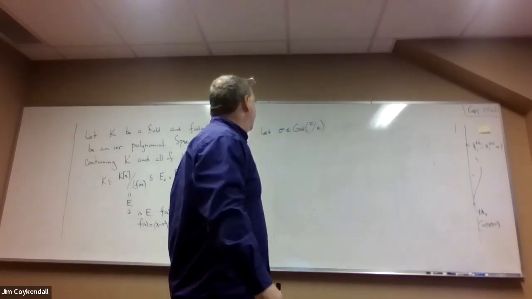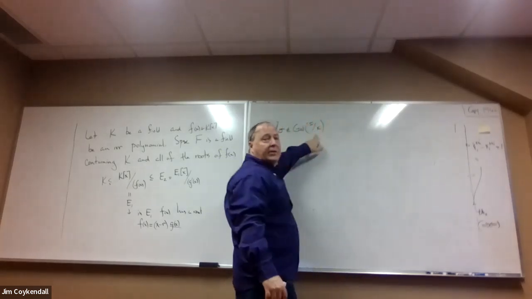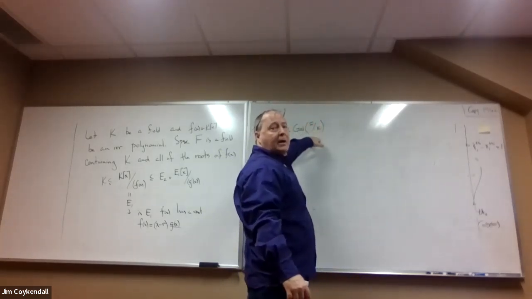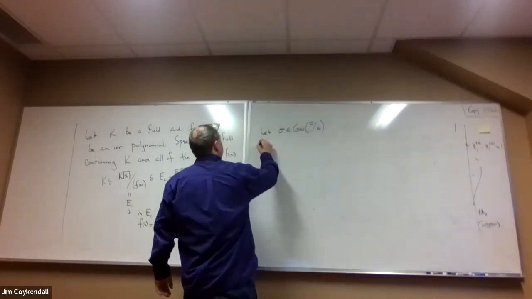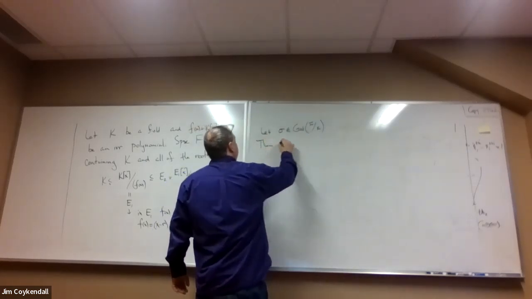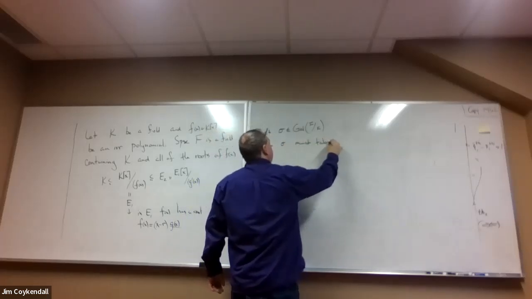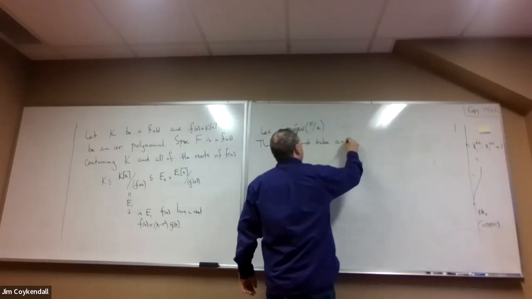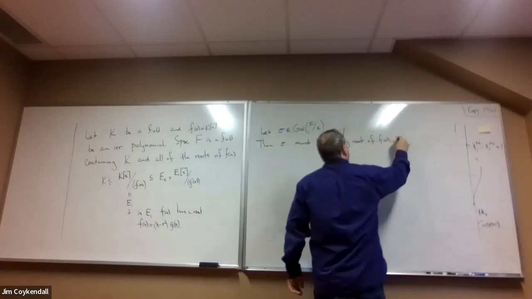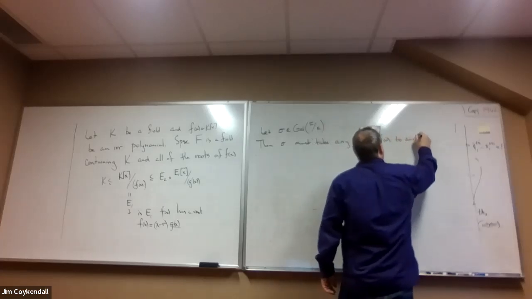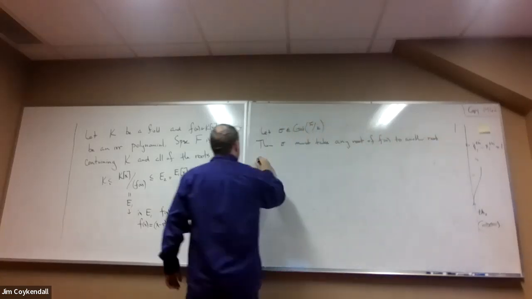suppose you have an element of the Galois group of F over K. So this is an automorphism of F that fixes K. Then sigma must take any root of f of x to another root of f of x.